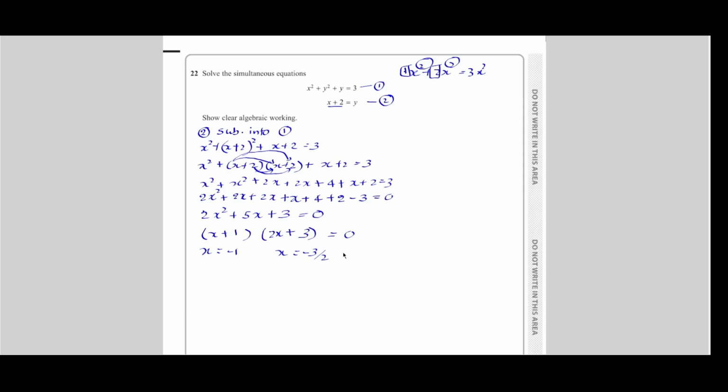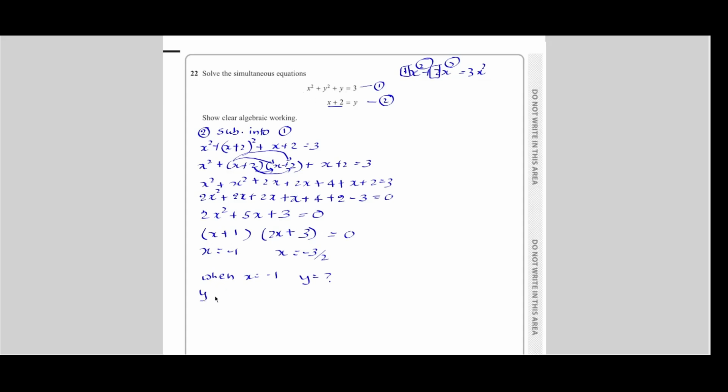Now for these x answers, you need to get y answers as well. Then when x equals minus 1, what is y? Let's take this equation. This is the easiest one. It's the second equation. Can you see the other is the harder one?